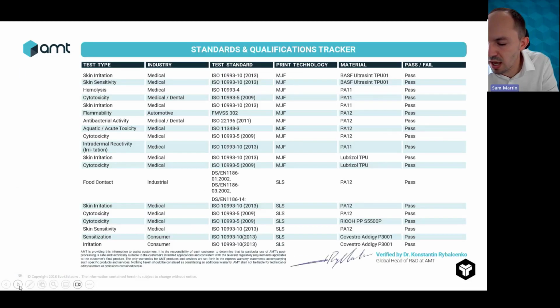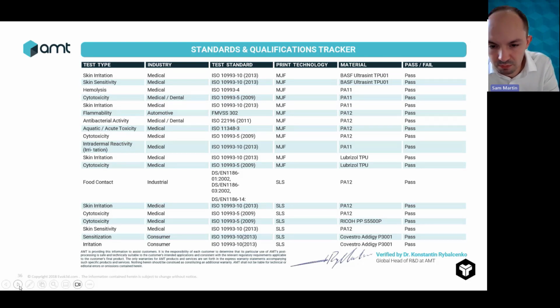On the next slide, we have a summary of all of the standards and the tests that we've carried out on the materials. You see there are a lot of different materials and a lot of different printing technologies. Some relate to safety, some more to the technical suitability of the parts. We've passed things like skin irritation, sensitivity, and cytotoxicity, to name a few.